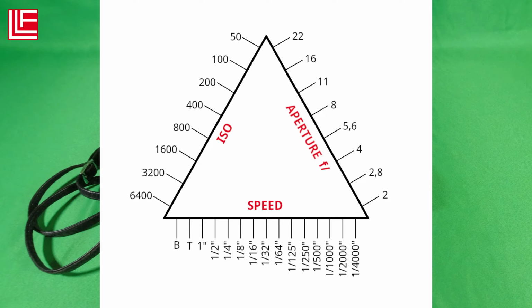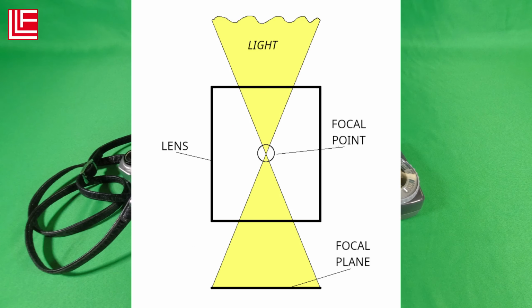So you will have a circle of light impressing a square, and we'll see this in the next image, which is a schematic of the lens.